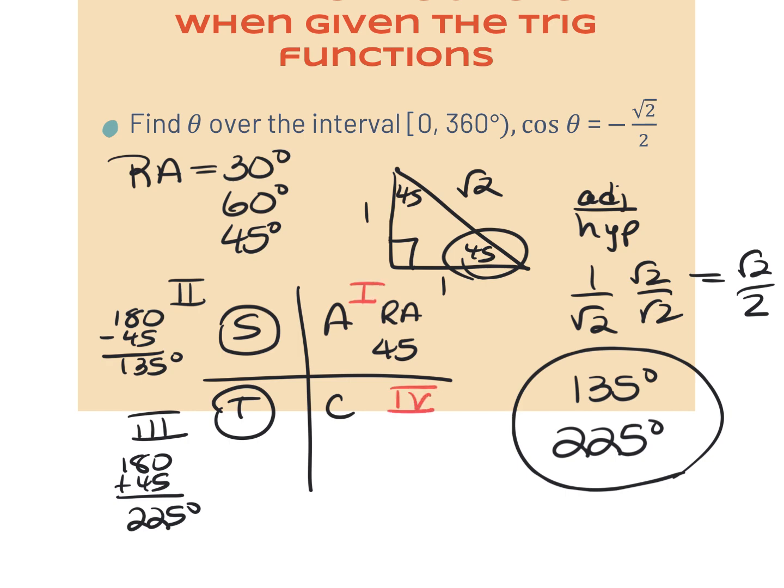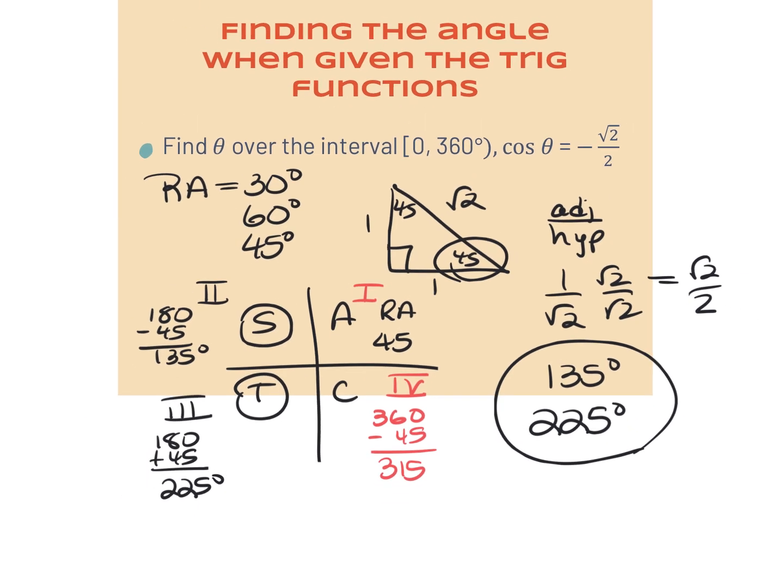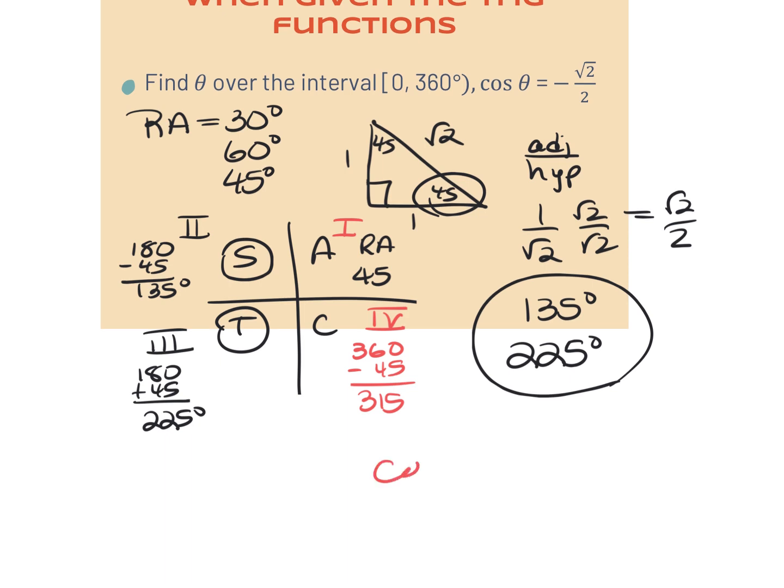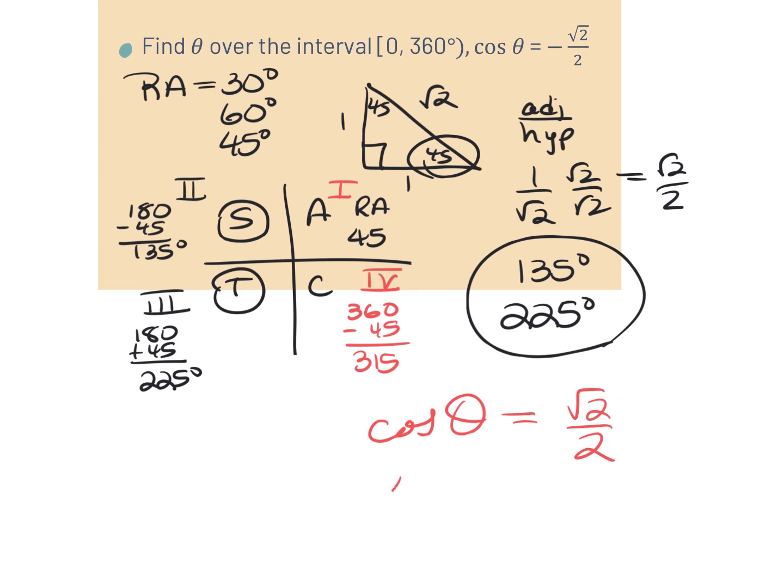And to find the measure in 4, the rule is to take 360 and subtract the reference angle, and that would have been 315. So if the question would have said, find theta when cosine equals positive root 2 over 2, then the answers would have been 45 and 315, because this is quadrant 1 and 4 where cosine is positive.